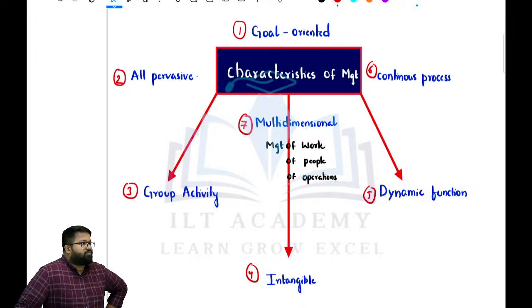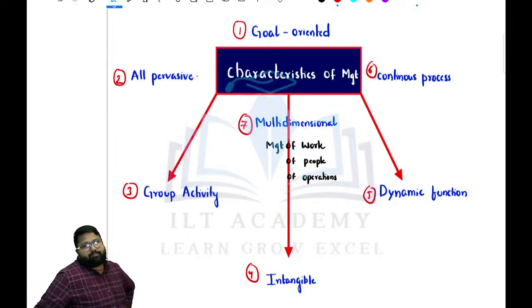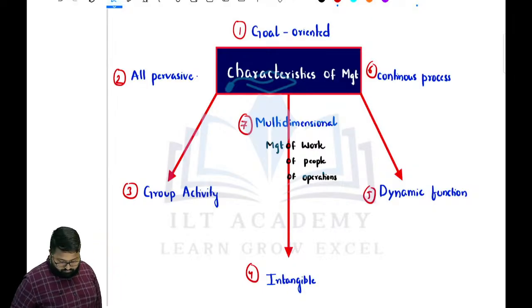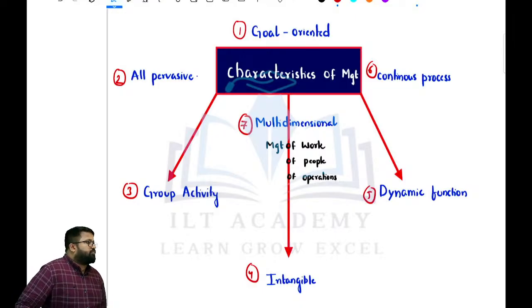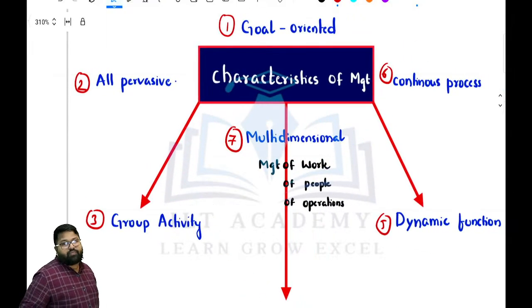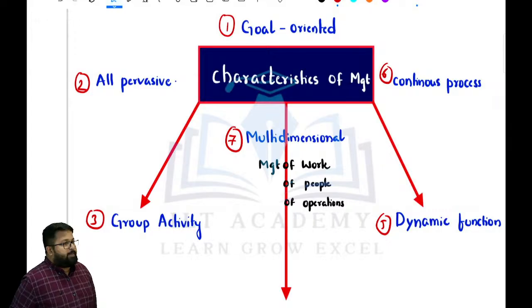What is today's date? Mention the date. So what is the first characteristic feature? Goal oriented. Second one, all pervasive. Third one, group activity.